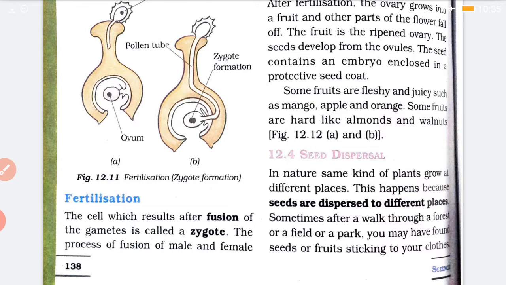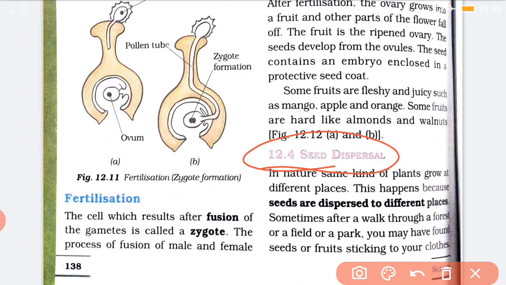Because if all the seeds fall on the same place, everybody will compete for food, sunlight, water, so they will not grow into a healthy plant. So for every seed or most of the seeds to grow into a healthy plant, dispersal of seed is necessary. Now, what is dispersal? It is the process by which seed is carried from the mother plant to different places.